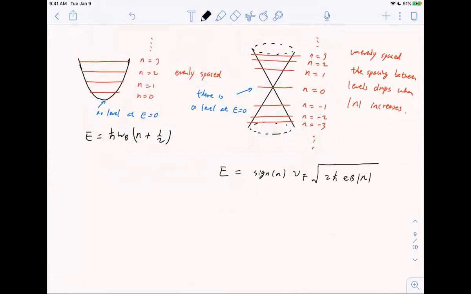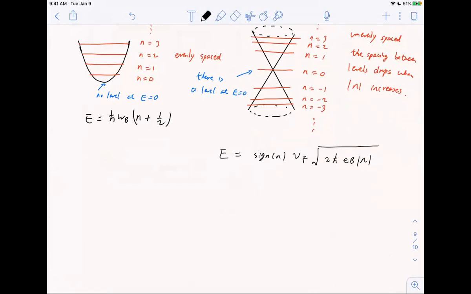And there's also another qualitative difference. That is the energy gaps are very different. Okay, so let's consider the energy gap. Here the energy gap is just h bar times the frequency.